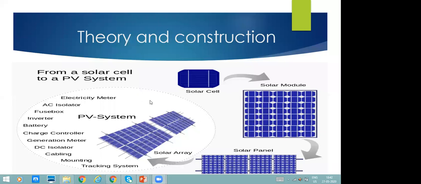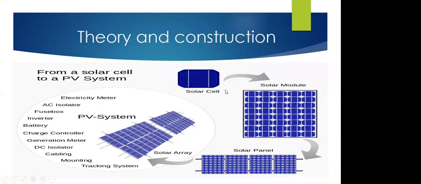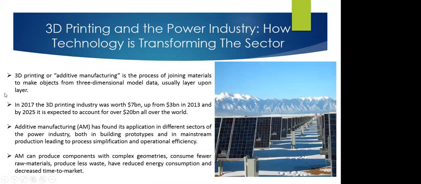And solar panels also use metal frames consisting of racking components, reflector shapes, and troughs to better support the panel structure. And this is theory and construction. Next. Next, 3D printing and the power industry.